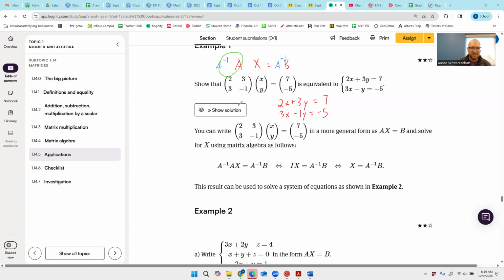That's easier than multiplying by the B inverse, because then the X and the Y would still be there. So that gives me I times X equals A inverse B, or the XY matrix equals A inverse B. Pretty easy way to do it on the calculator.